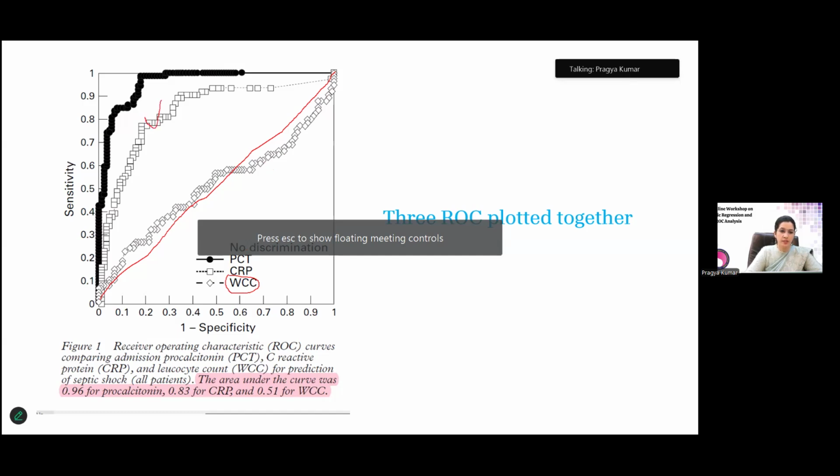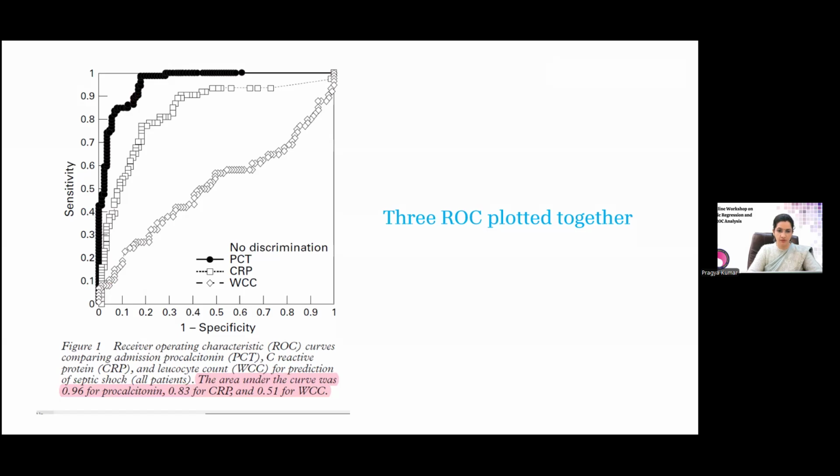This one for CRP and PCT has very good discrimination, because it is towards the top, and if you see the area under the curve, it was 0.96 for the procalcitonin, 0.83 for the CRP, and 0.51 for the WBC. So it has no discriminatory potential.